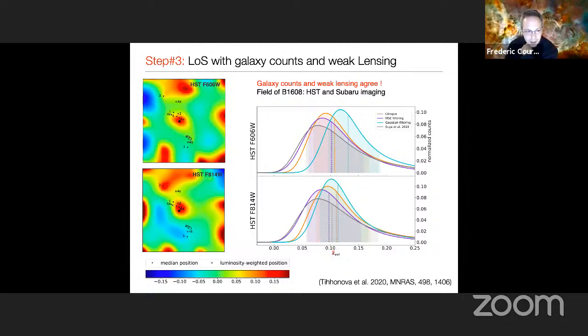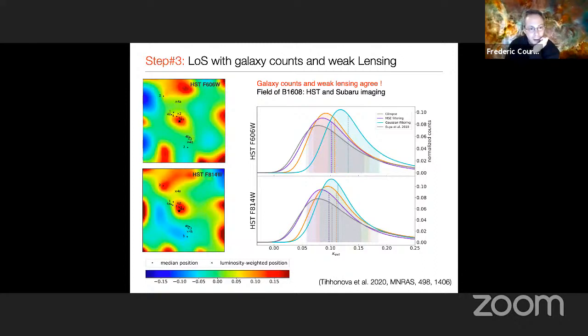Now, the probability distribution function we get for the line of sight by counting galaxies is the gray curve. And if we use weak lensing, that's a completely different method. That's how the very distant galaxies all over the place here are distorted by all the stuff in their foreground by lensing. So that gives you the weak lensing mass along the line of sight.